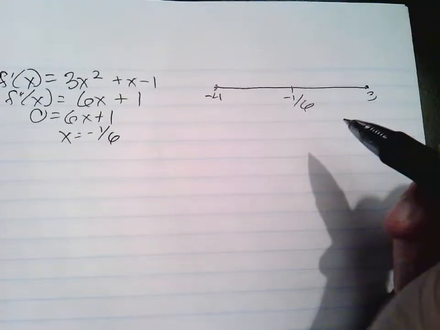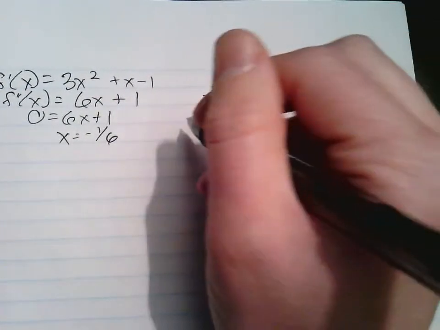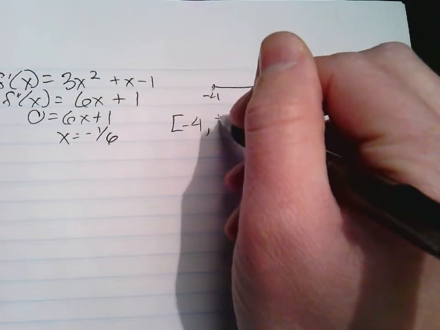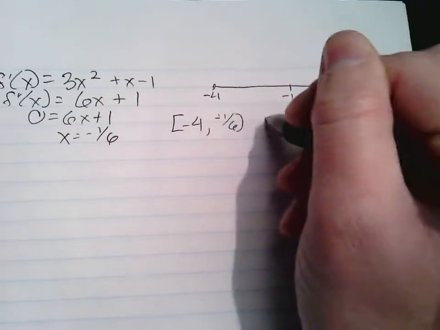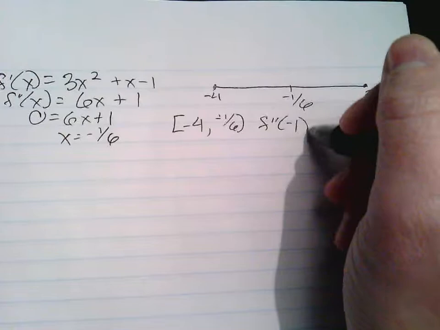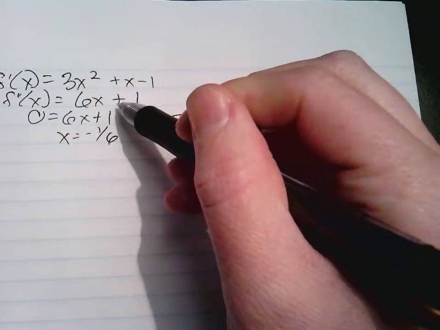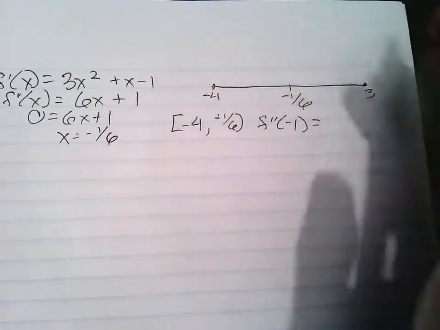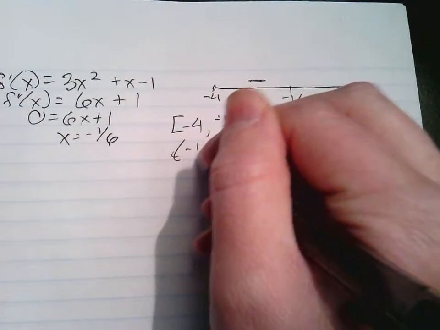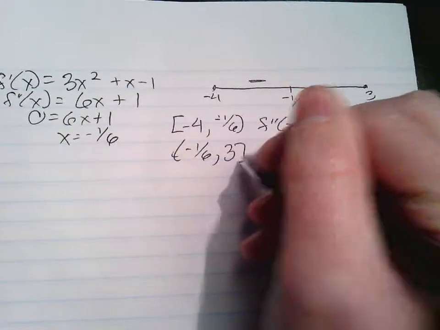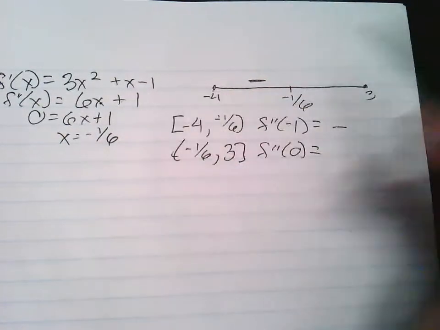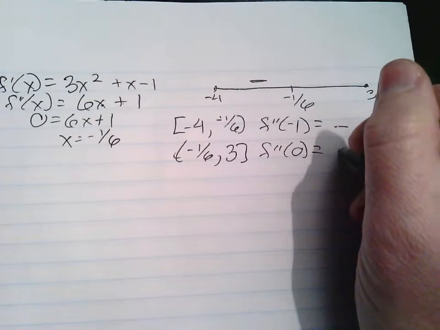So choose a number less than that. I'm going to choose negative 1 because it's easier. From negative 4 to negative 1 over 6, I'm going to choose f double prime of negative 1, which gives me negative 6 plus 1, which is negative. Then from negative 1 over 6 to 3, f double prime of 0 seems like the best way to go. 0 plus 1 is 1, which is positive.